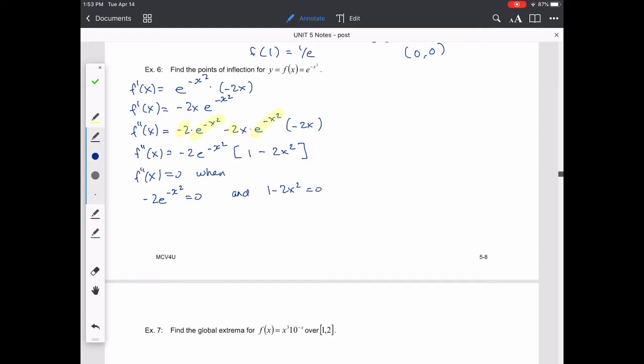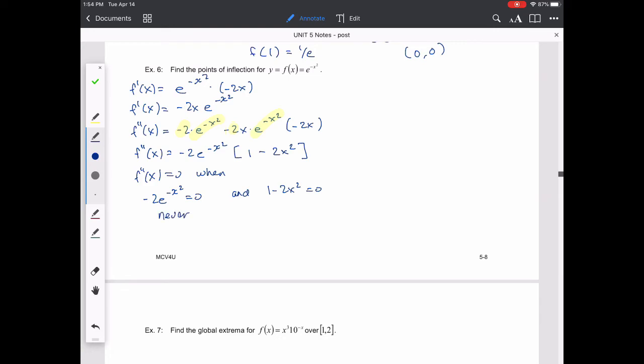In the first case, no matter what value I plug in for x in the exponential, there's never going to be a value that goes to 0.